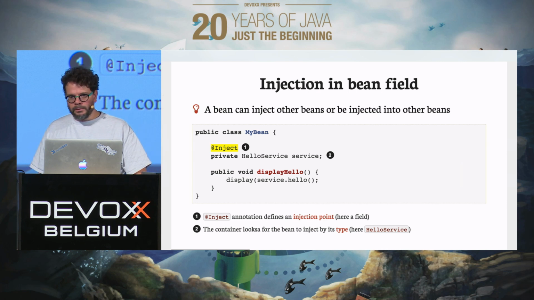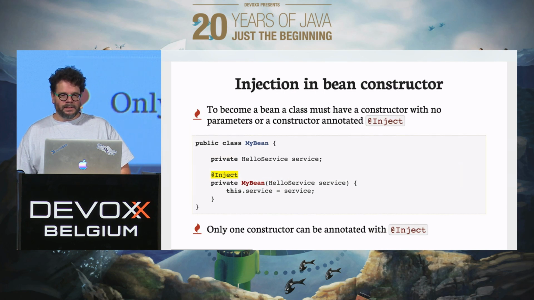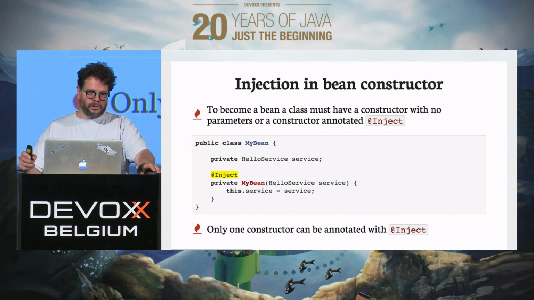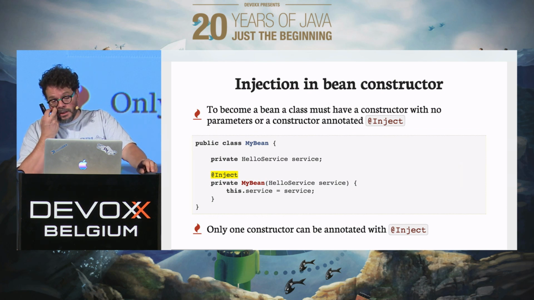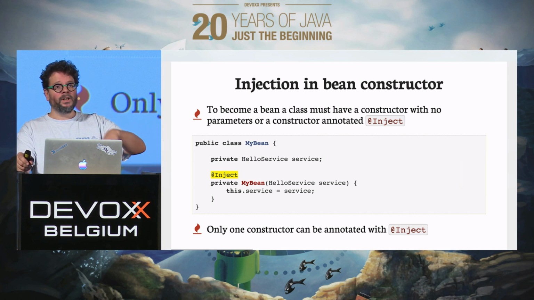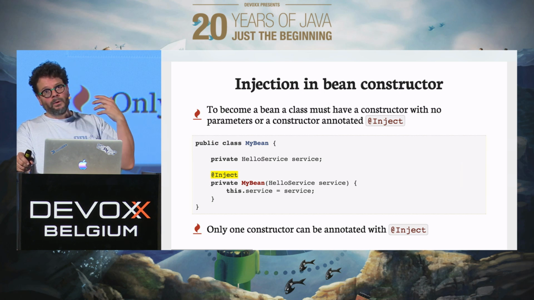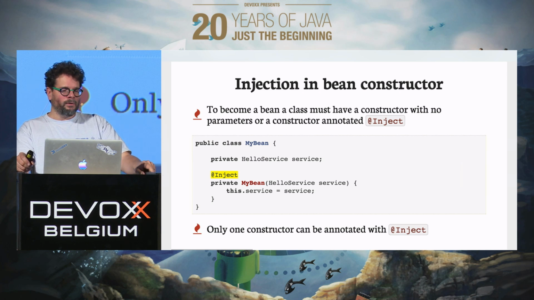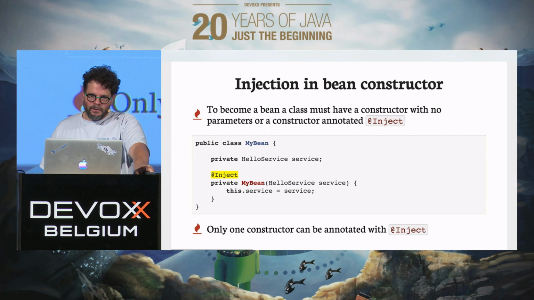You can also do this in a constructor. You can add the @inject annotation on one of your constructors. And when you ask for an instance of this bean, the container will call the constructor with the required bean at the injection point, and will instantiate the bean with that.